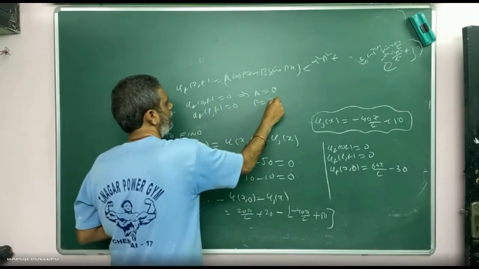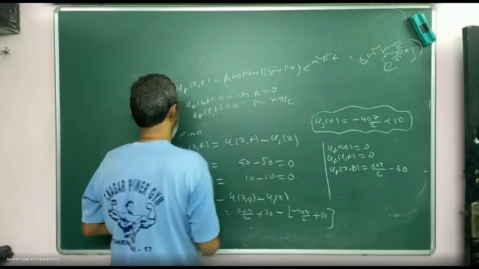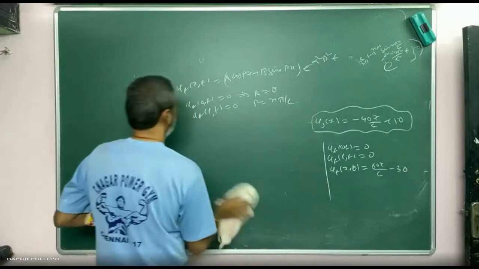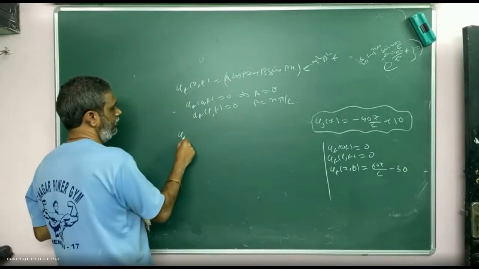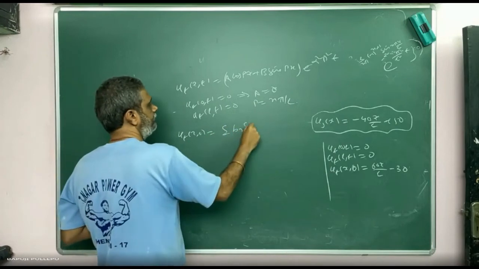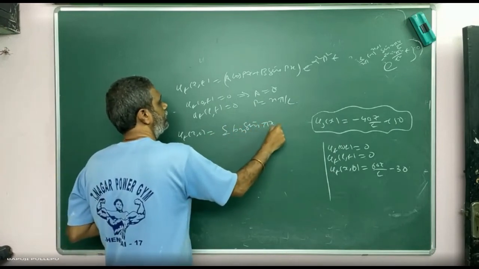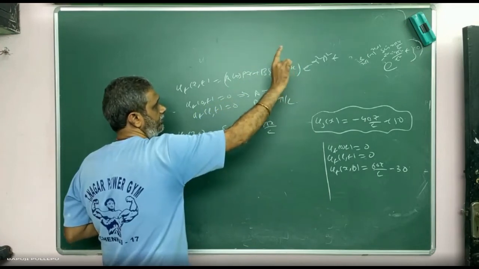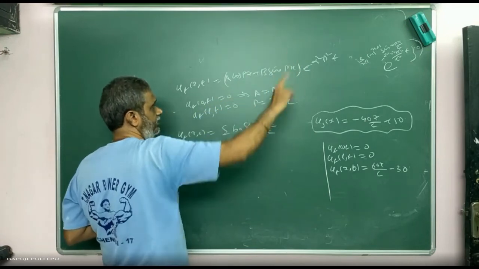P is equal to n pi by L. Then lastly I will have ut of x comma 0 is equal to sigma bn sin n pi x by L. Previously I have one solution, bn sin n pi x by L e to the power of minus alpha square n square pi square by L square into t.